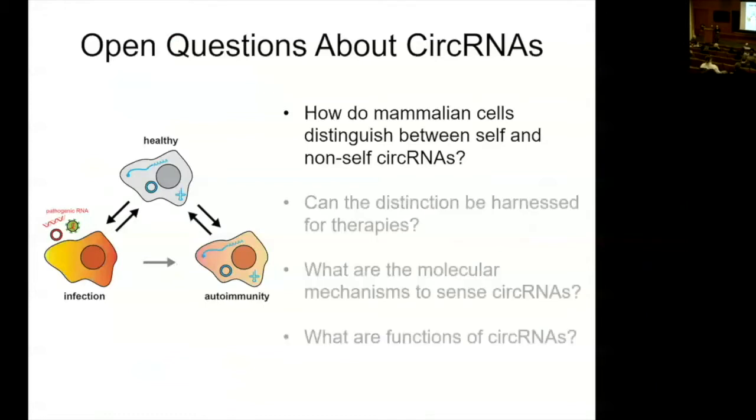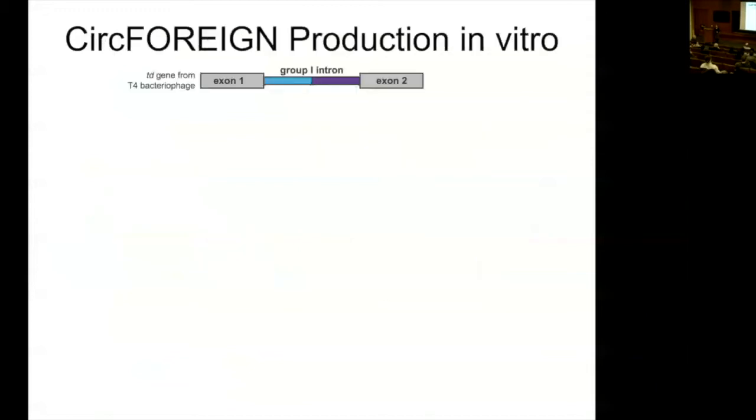So to answer this first question, we needed to design a system that would model a foreign circular RNA. And to do that, we used the TD gene from T4 bacteriophage, which contains a group 1 intron. So this intron typically will autocatalytically splice itself into a lariat in order to join exon 1 to exon 2.